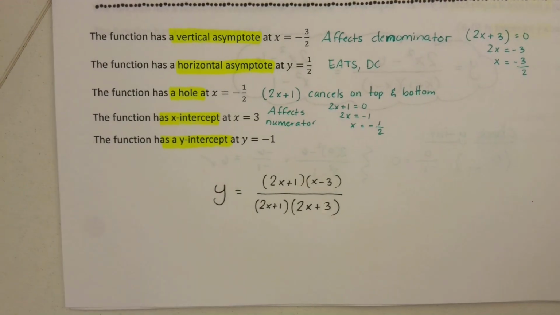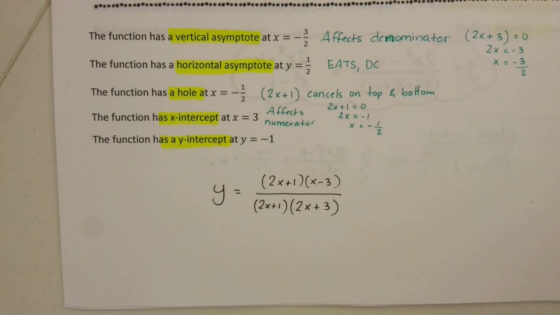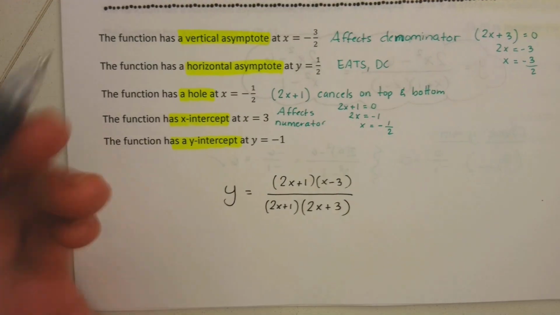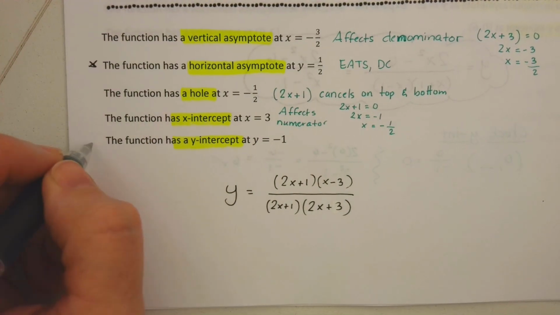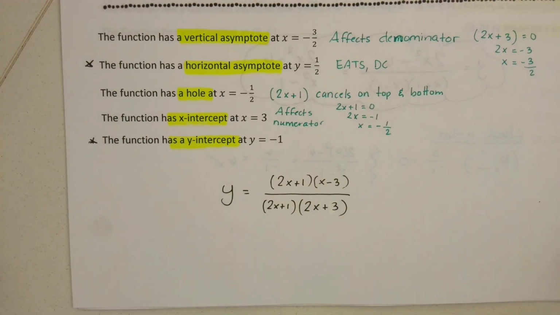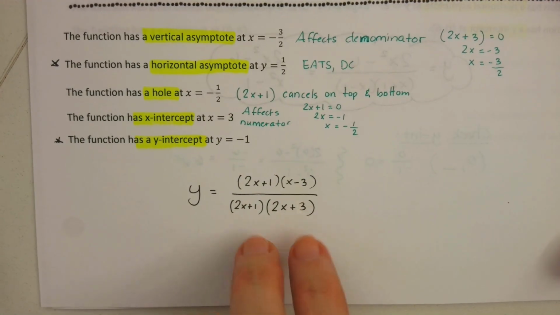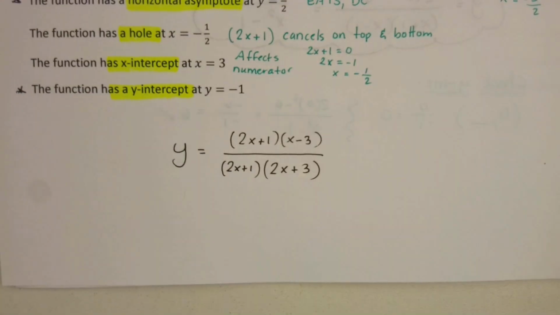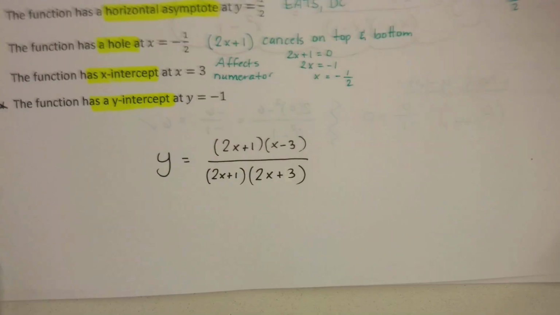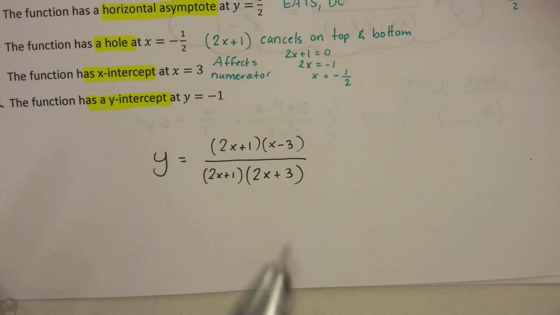And then horizontal asymptote and y-intercept. So the last two we need to check on: does it have the right horizontal asymptote? Does it have the right y-intercept? And we can do that by basically looking at the function now. If those 2x plus 1's canceled, what equation would that create?